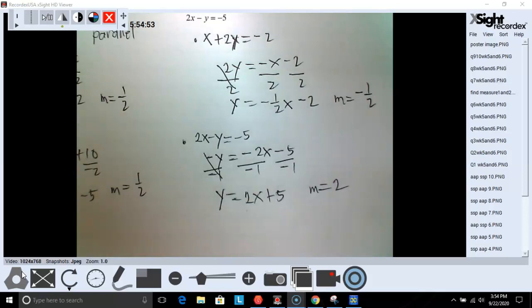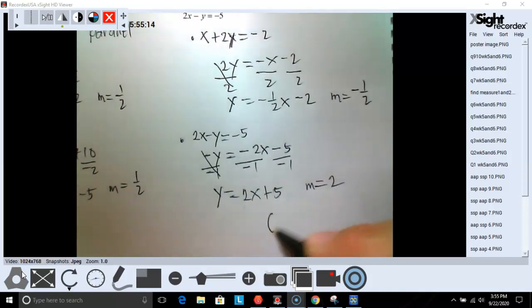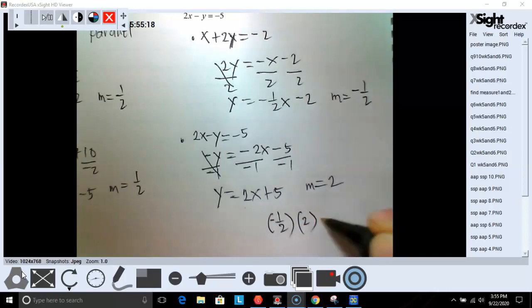How will you know if they are parallel, perpendicular, or neither? So if you see, this is -1/2 and the other one is 2. Technically, parallel is not the right answer because they are not equal. So we will check. If we multiply them together, will it give us -1? That's negative, and this is 2 here.